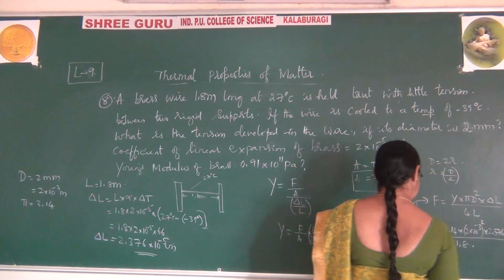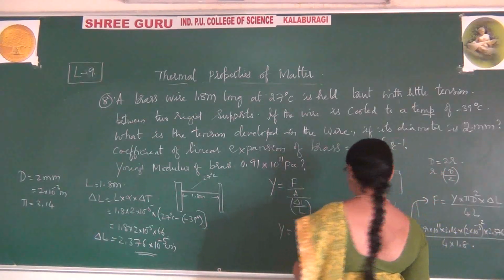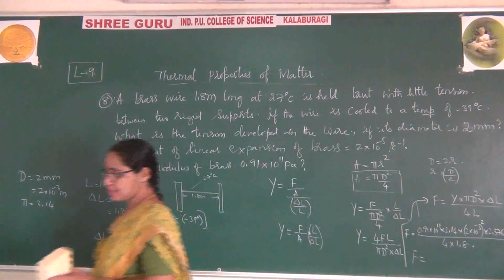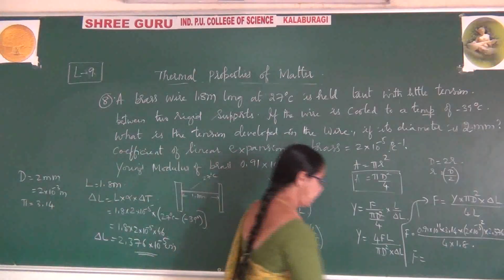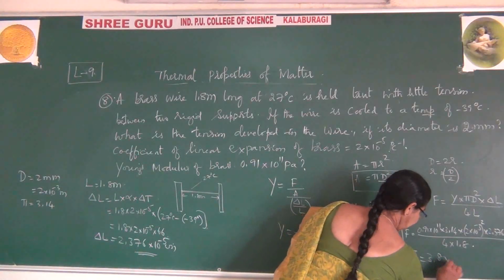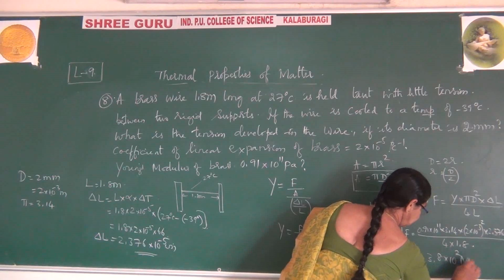After completing the multiplication and squares, finally you get the answer: 3.8 into 10 raised to 2 Newton.